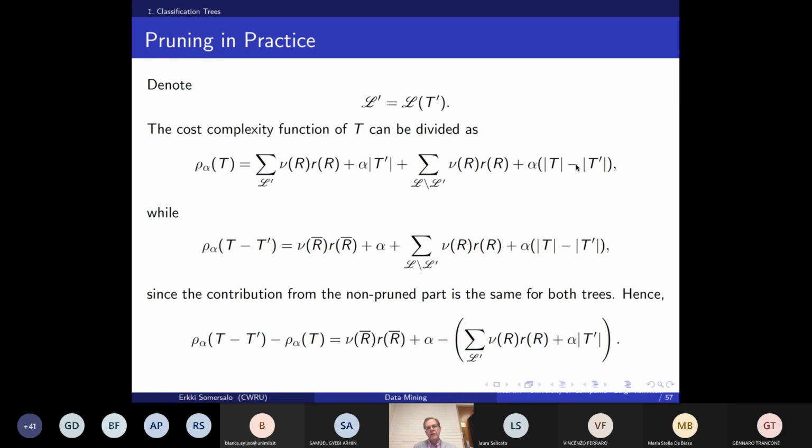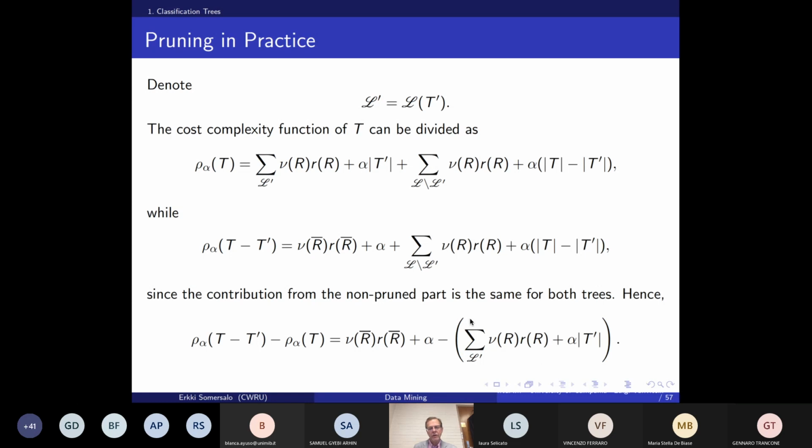Also, alpha times T minus T bar, T prime cancels. So when I subtract these two, what I'm left with is the misclassification rate of the new leaf, which is R bar, plus alpha. This is the contribution to the cost complexity of the new leaf that I just created.